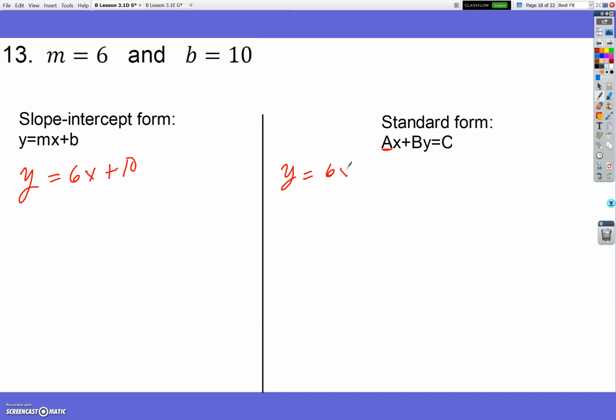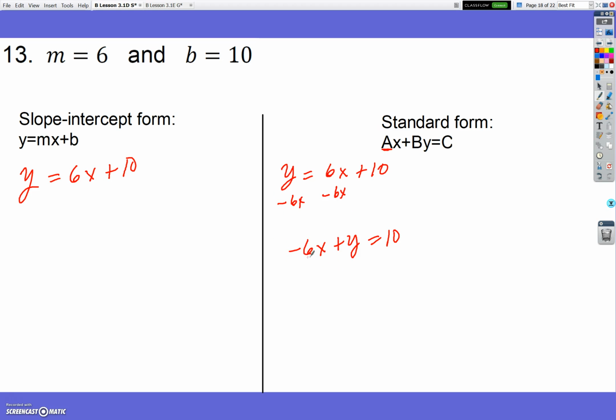So if I'm given this in slope-intercept form, my first step is I want to move my variables to the left side. The only thing I have is this 6x, so I'm going to subtract 6x on both sides. This will give me negative 6x plus y is equal to 10. Now that it's written in standard form, what I need to do is make sure my a value is positive.